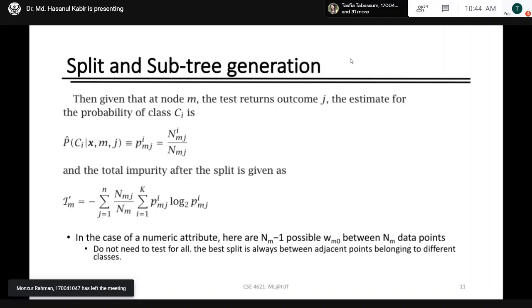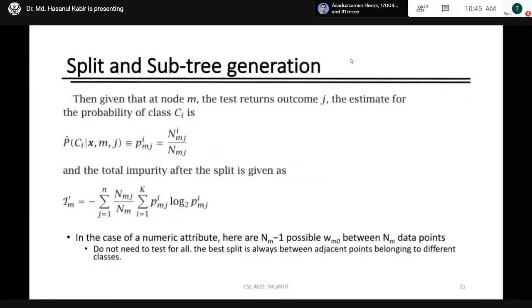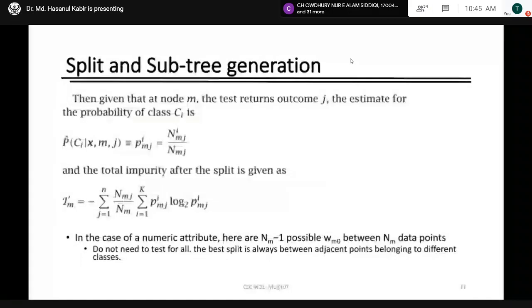Then among all those 7 samples that went to the red branch, 4 belong to the positive class, so the probability is 4/7. Similarly, 3 of them belong to the negative class, so the probability is 3/7.